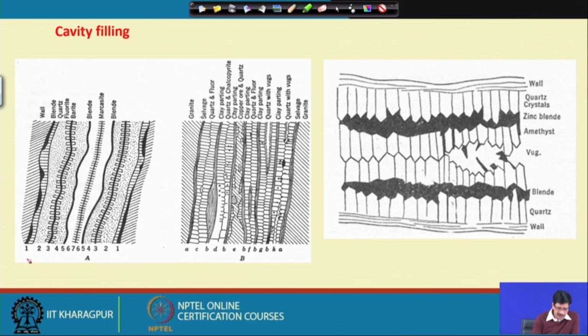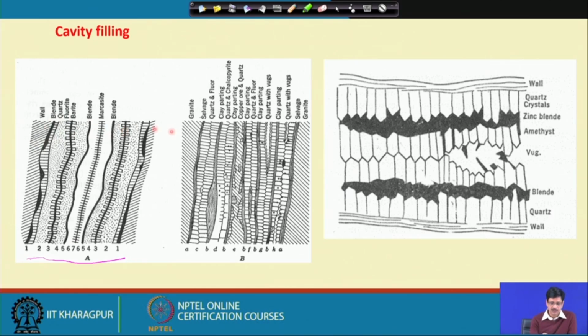We see that this is the core, or the center of the vein, and the deposition of materials on either side of the center has taken place very symmetrically. Here we see blend, standing for zinc blend, that is sphalerite, then barite, fluorite, quartz, then again blend, and again wall.